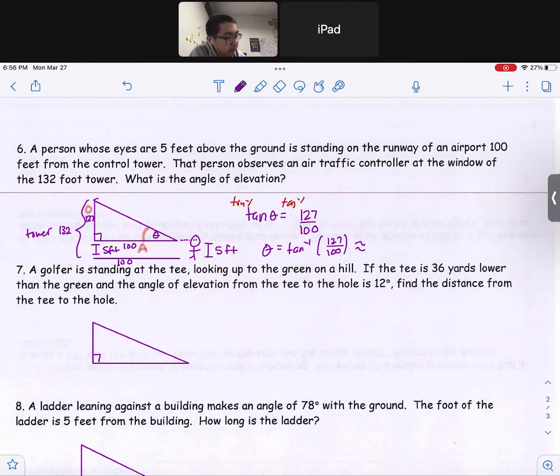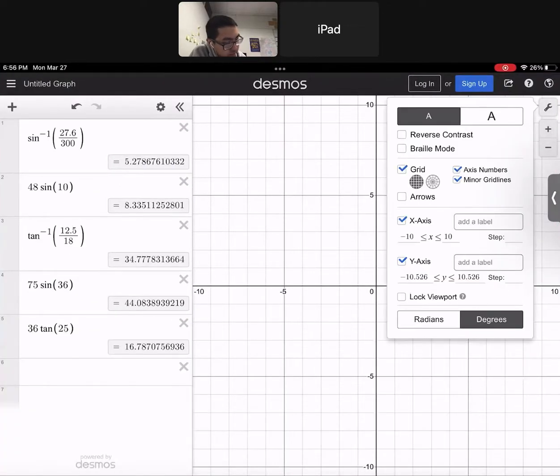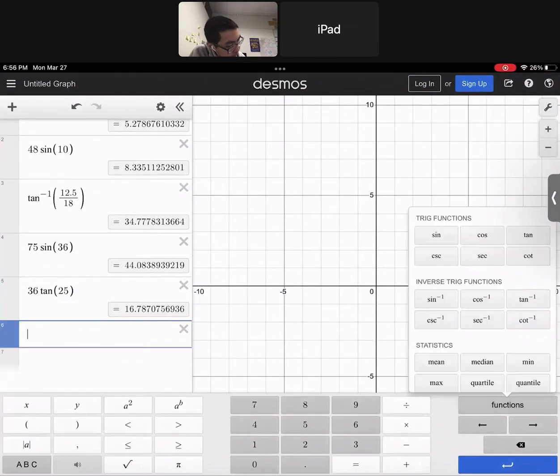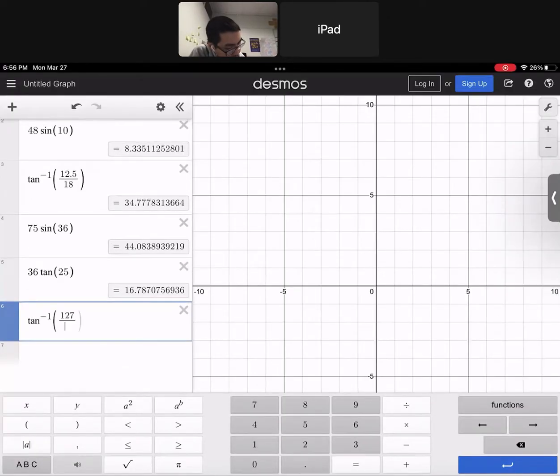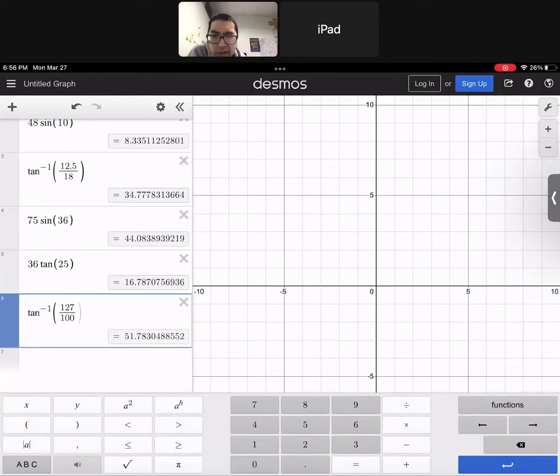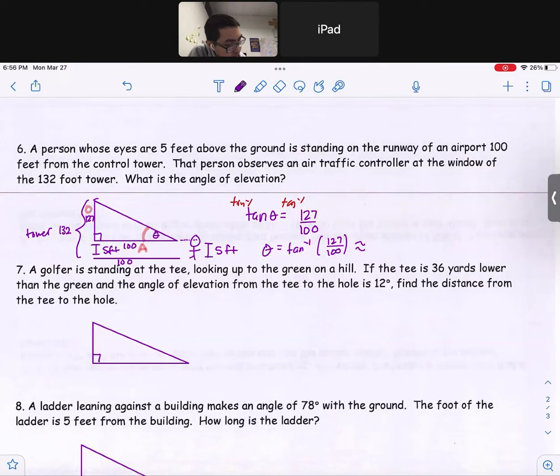And if we put that into our calculator, tan inverse of 127 divided by 100, which could create a degree of 51.8 degrees. 51.8 degrees.